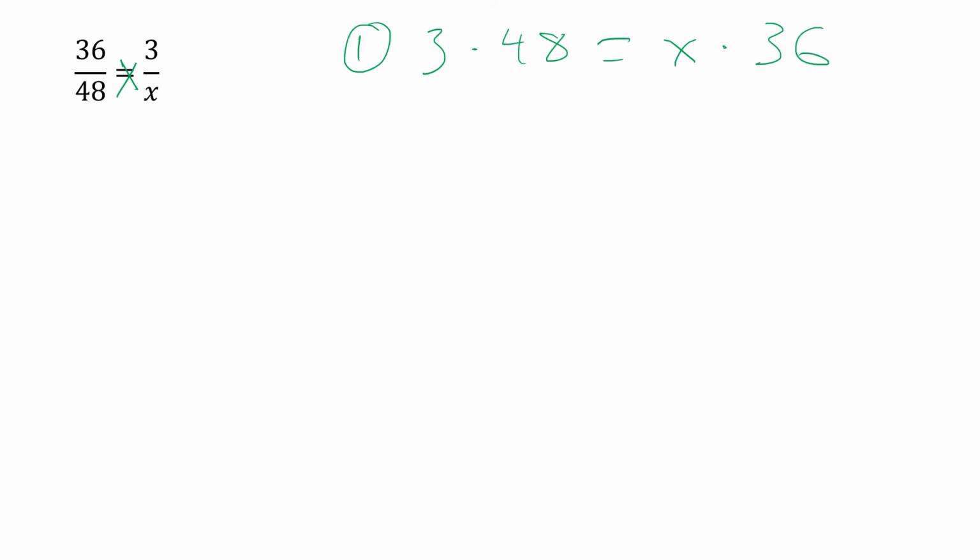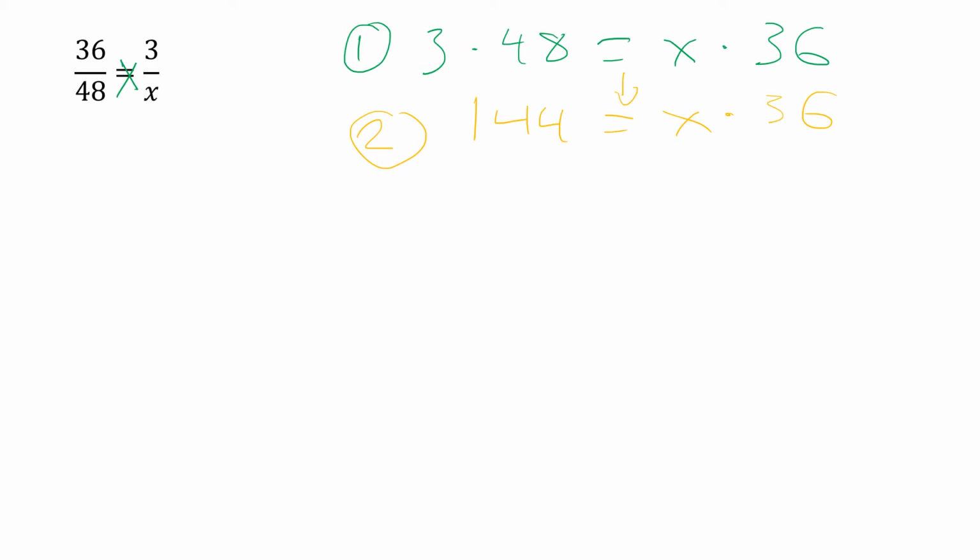Okay, let's finish our multiplication then. 3 times 48 is 144. 144 equals x times 36. Again, just bring your problem down with each step that you complete.